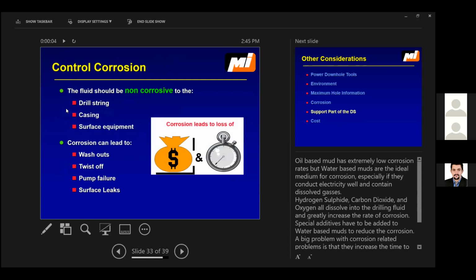As we said before, most of the muds are alkaline. So alkalinity and high pH preserve the pH.